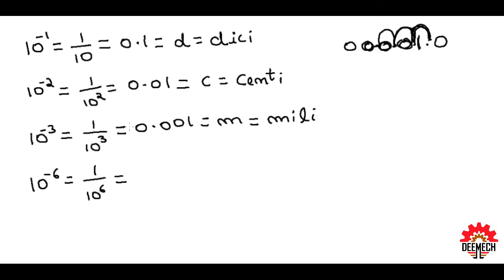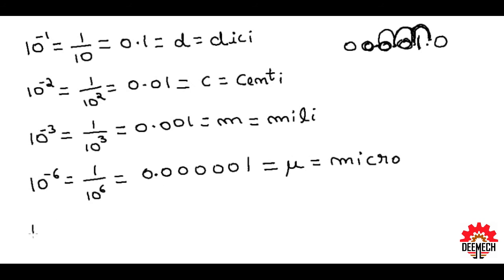If it is 10 to the power of minus 3, there are 3 zeros before 1 and the decimal point is written immediately after the first zero. So if it is 10 to the power of minus 6, there should be 6 zeros before 1 and the decimal point immediately after the first zero. It is denoted by the micro symbol.